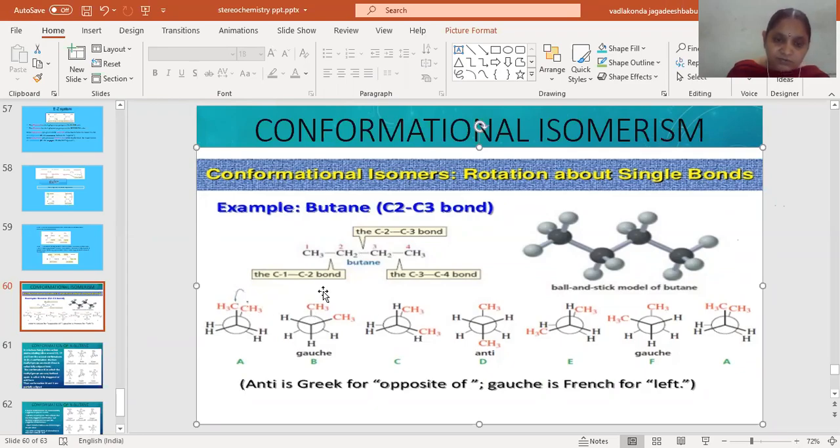The back carbon groups are fixed, whereas the front carbon will be slowly rotated with the difference of 60 degrees each time, so that each time when we rotate the front carbon groups by 60 degrees, we get one different isomer.